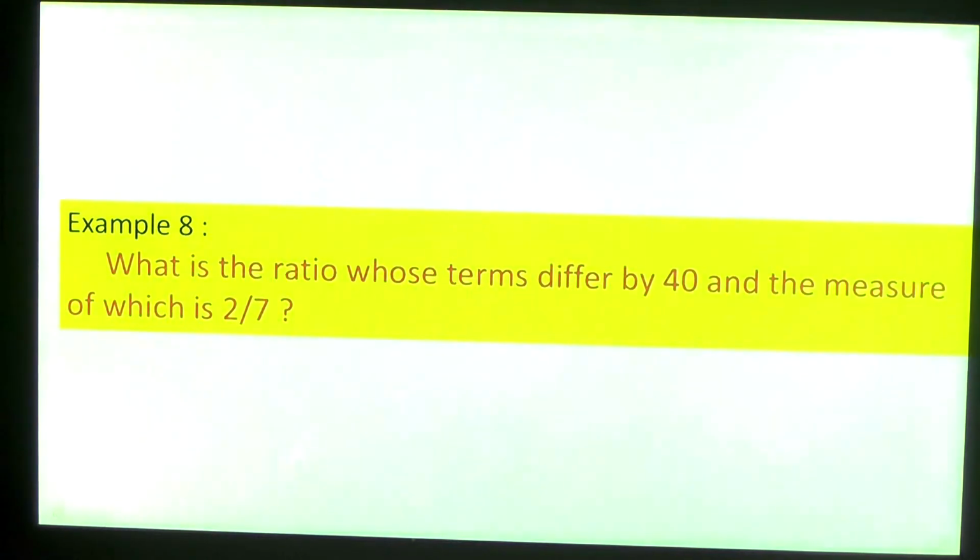What is the ratio whose terms differ by 40 and the measure of which is 2 by 7?